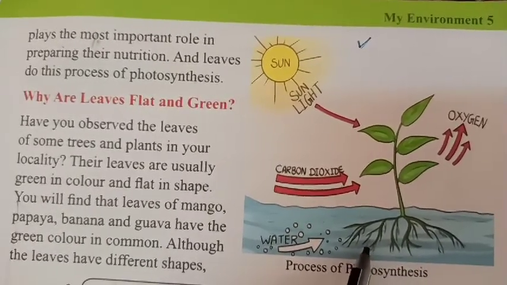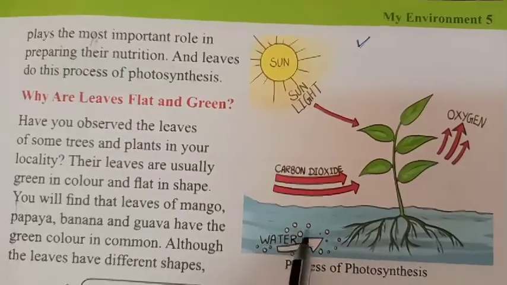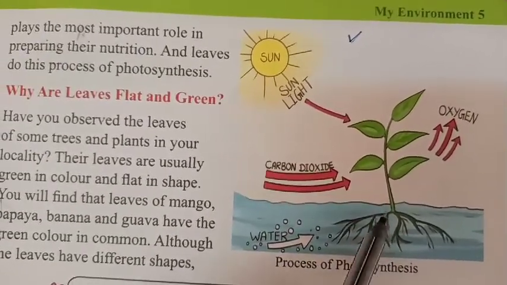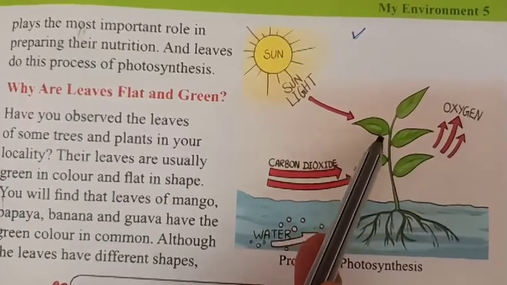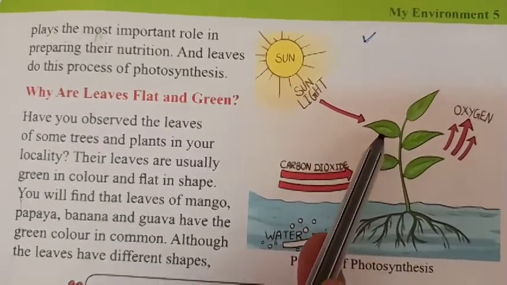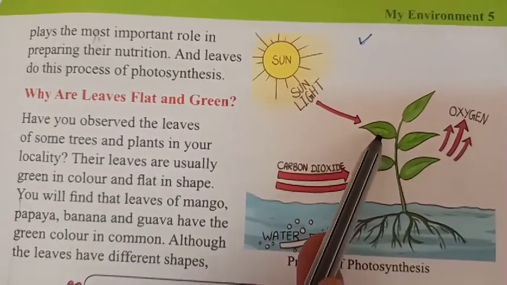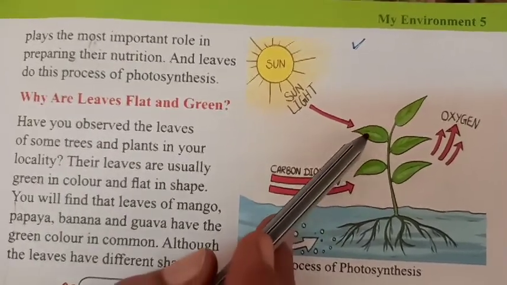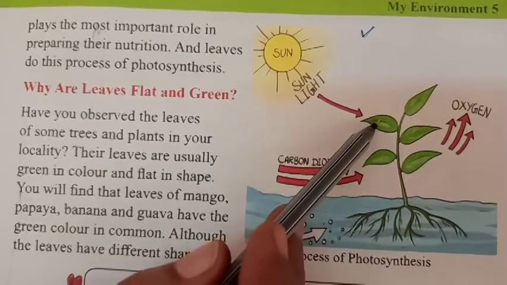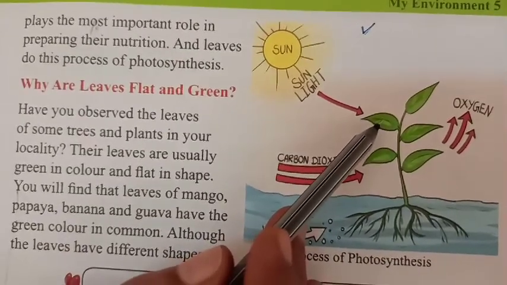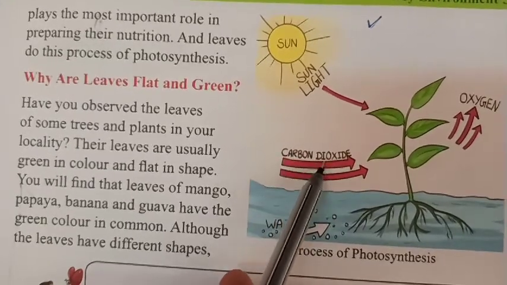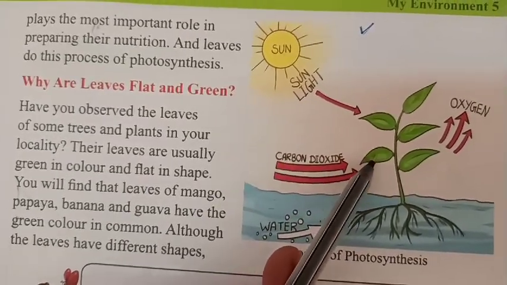Okay, and when water is absorbed from these roots, and these leaves have small pores which are called stomata, through those small pores plants or leaves can take in carbon dioxide from the air.